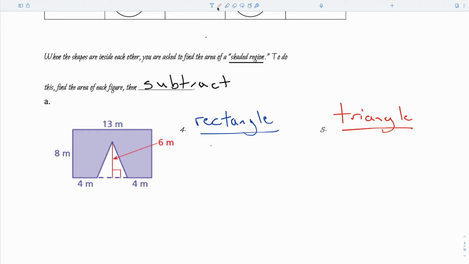Okay, so let's see if we have the length and the width given to us. Pretend that this thing is kind of like a full rectangle for a minute. If this wasn't there, what is the full length and the full width? Ella? Yeah, 8 and 13.